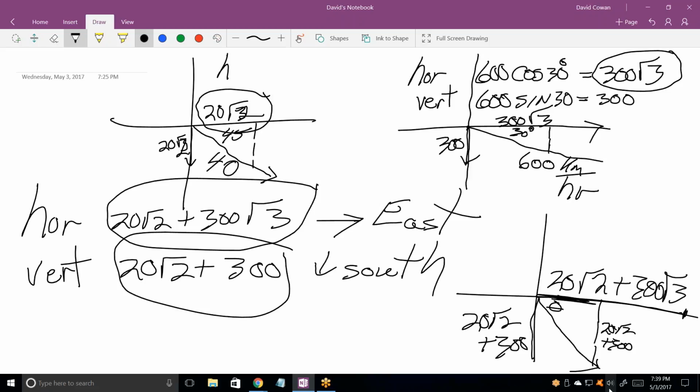The vertical is 20 root 2 plus 300. You could certainly solve for the magnitude by doing the Pythagorean theorem. But if I want to solve for theta, I'm going to do the inverse tan of this measurement divided by that measurement. Right. So go ahead and do that. We'll check because we know this should be a reference angle greater than 30 degrees.